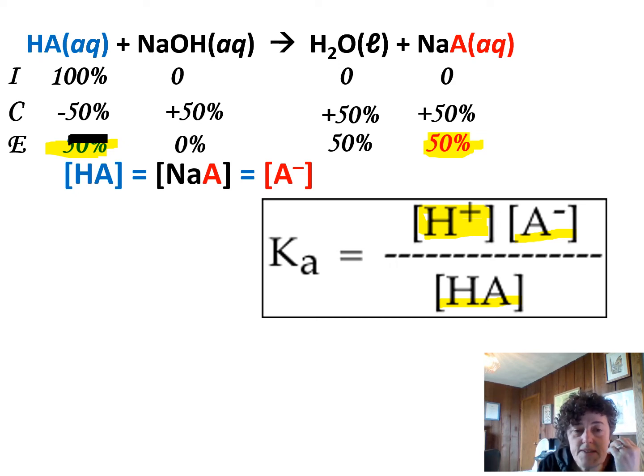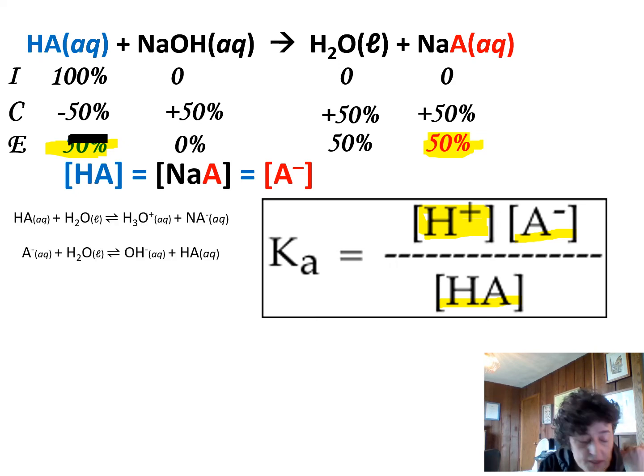The problem is that I have equilibrium going on, right? So I have these two equilibria going on. My weak acid is going to react with water, forming A minus. And my A minus, coming from the product of the titration, is going to react with water, forming HA. So it's quite complicated.